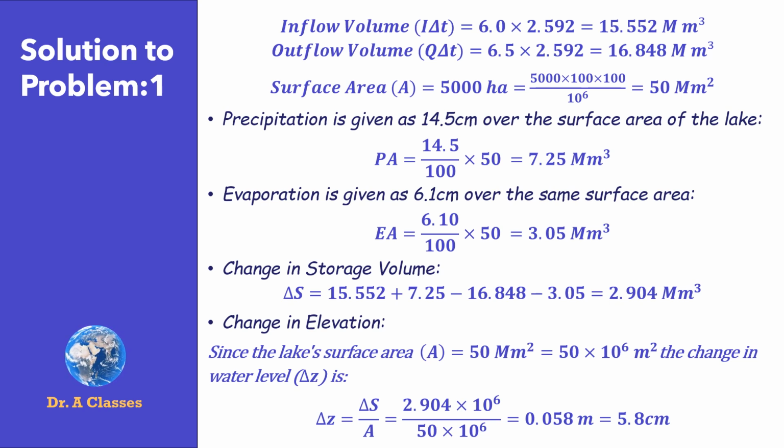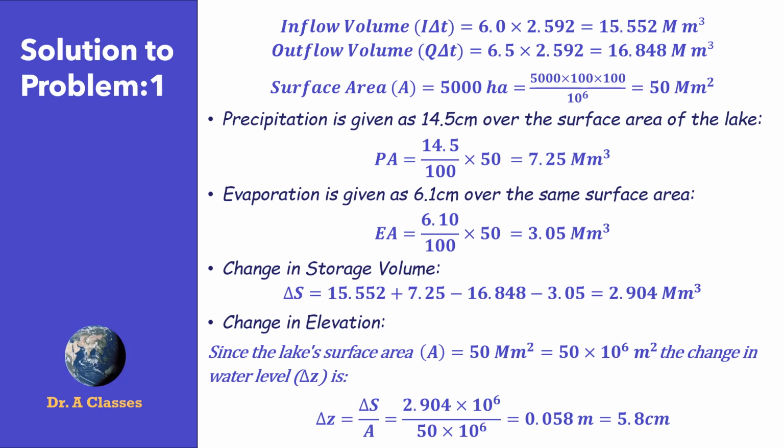Evaporation is given as 6.1 centimeters over the same surface area. So the total evaporation is calculated by multiplying evaporation with the total surface area, that is equal to 6.10 divided by 100 meters into 50 million square meters, that is equal to 3.05 million meter cube.